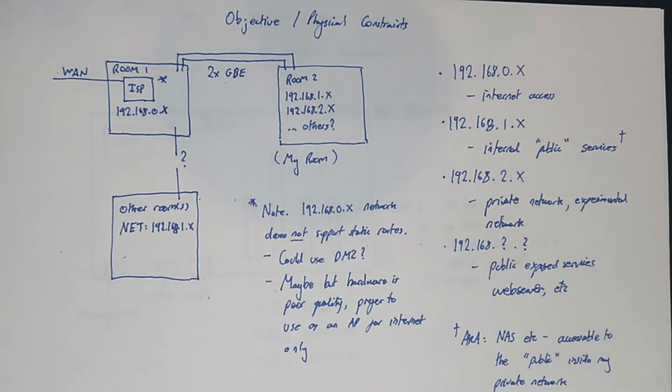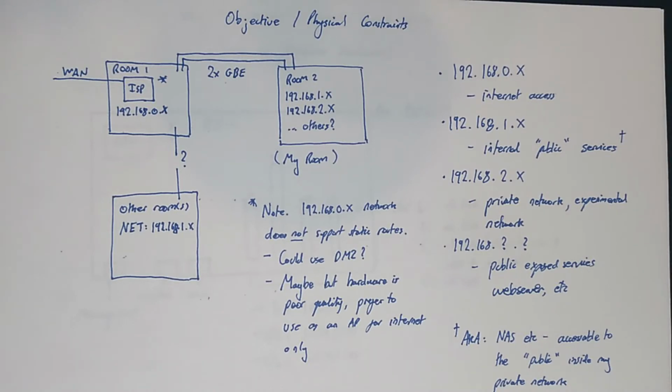The way my house is set up is that there are, broadly speaking, 3 rooms. There's a room where my ISP router is, and that has to be there because that's where the coaxial cable comes in.